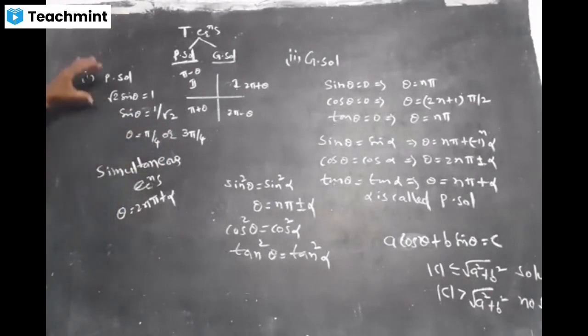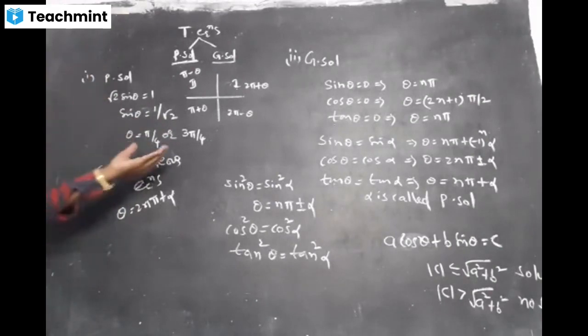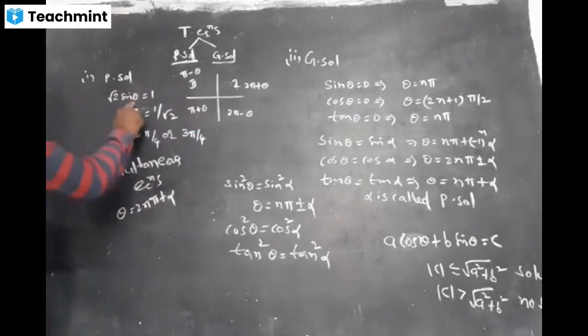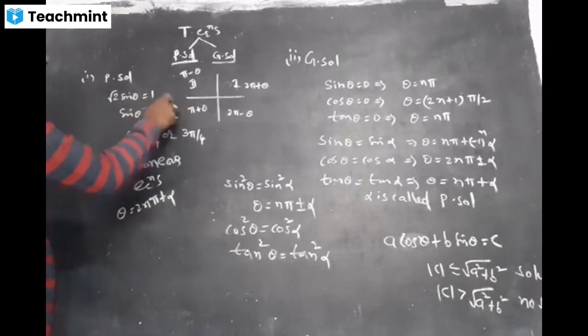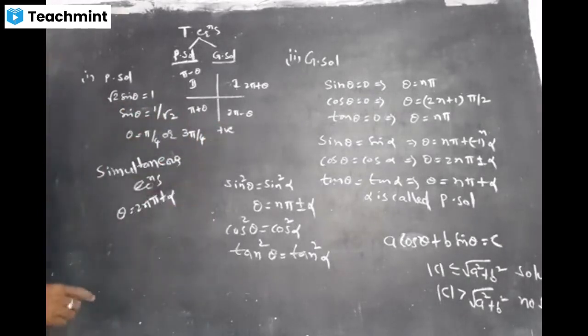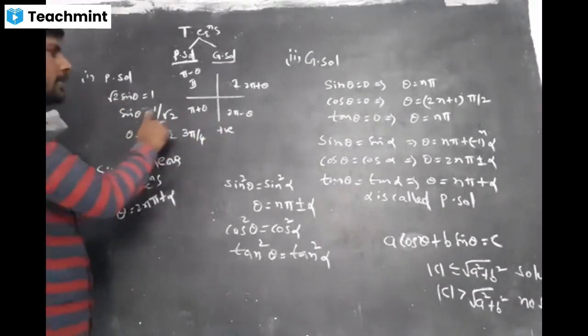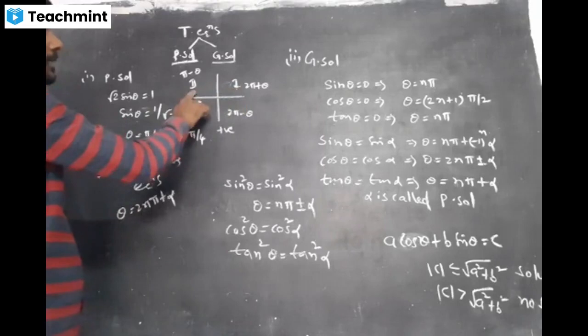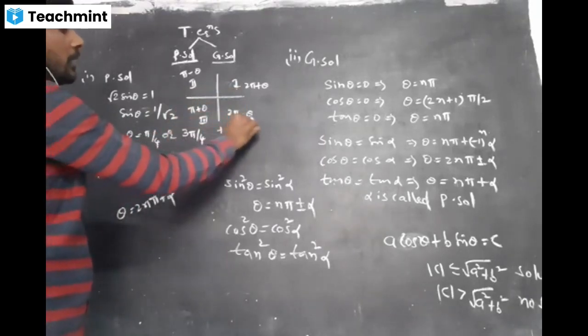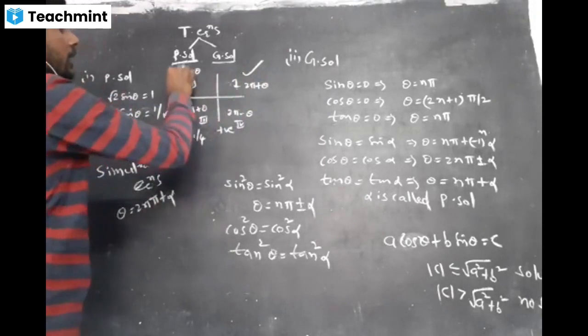But whenever we calculate the principal solution, we have to take two angles. Why? Because here our value is positive. In which quadrant is sin theta positive? First quadrant and second quadrant.